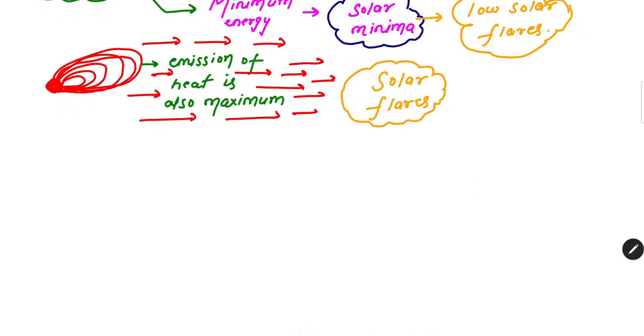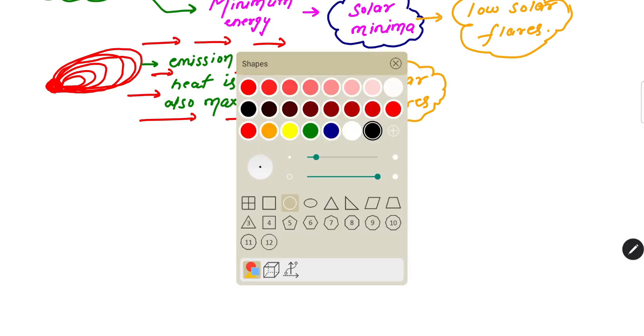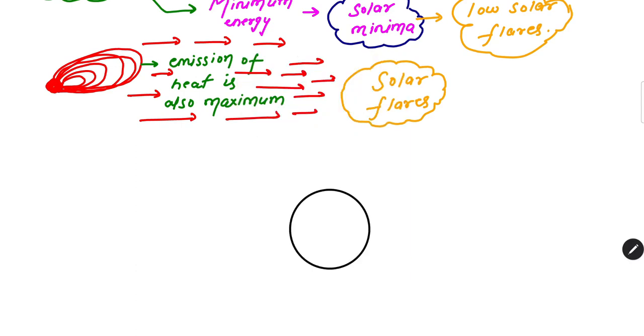Once we have done this topic, now again two points happen. Let us suppose here we have the earth. On earth we know that earth behaves as a magnetic field. Try to understand this concept. If earth behaves as a magnetic field, what will happen?